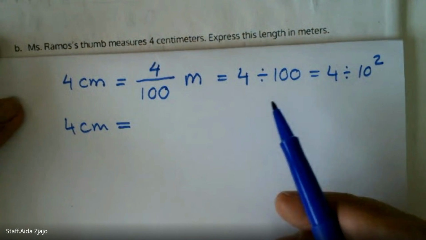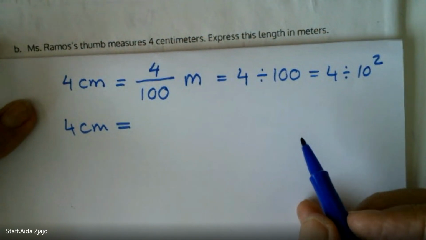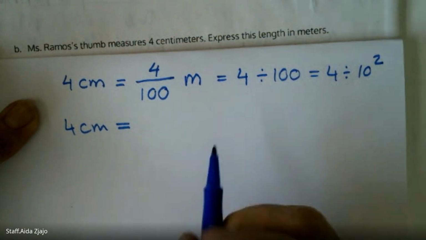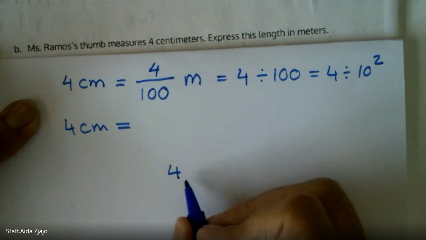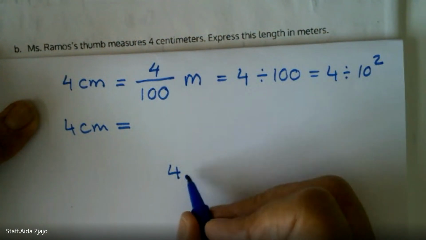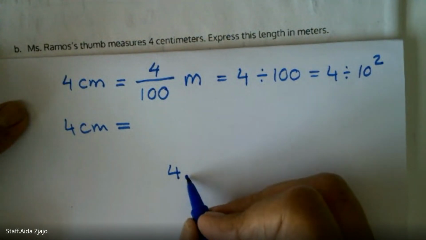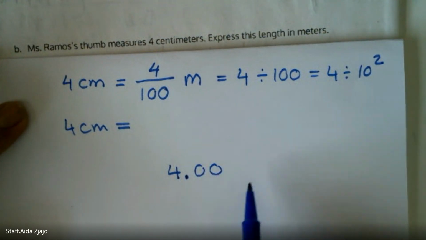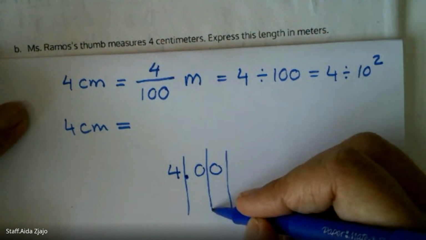Now, if you like to use your knowledge of the place value chart, this is a 4. 4 centimeters divided by 100, so it's going to move 100 times to the left.